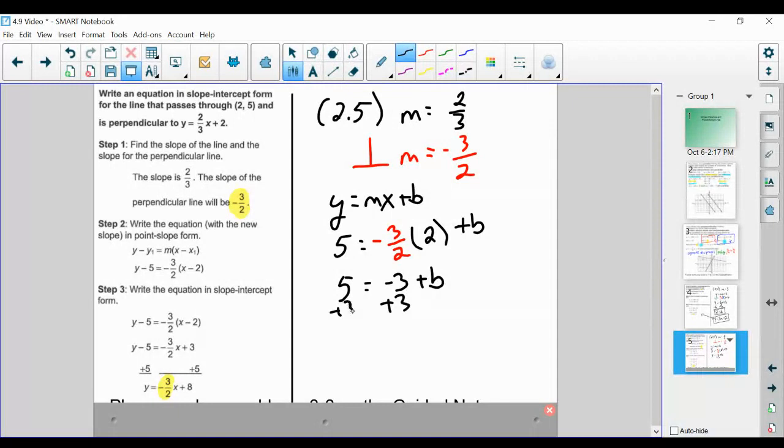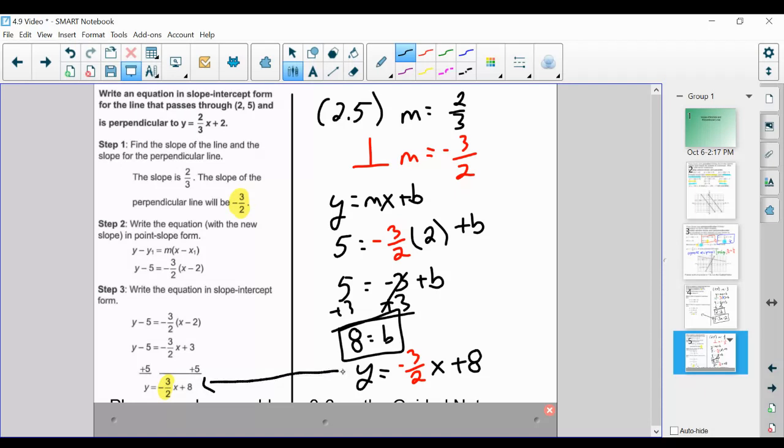I have to add 3 to both sides, just like we're solving an equation. We get that 8 is equal to my b value. Therefore, we get y is equal to negative 3 over 2 x plus 8. And eureka, look at that. It's the exact same equation as we have on the left-hand side using point-slope.